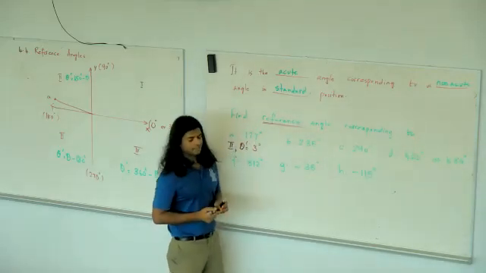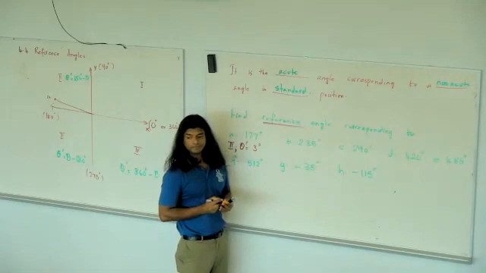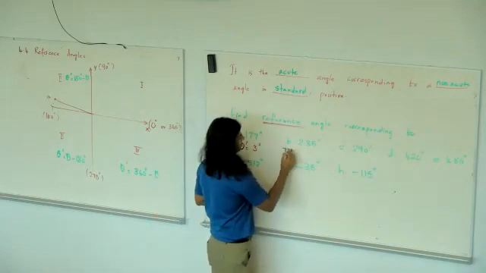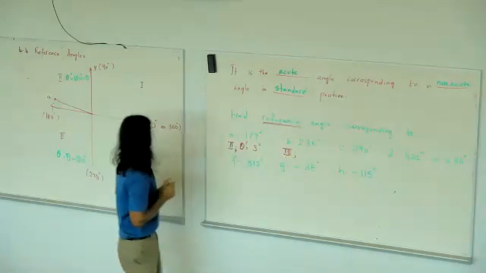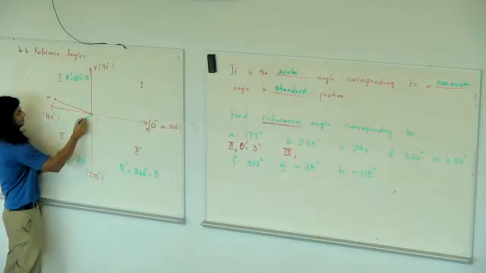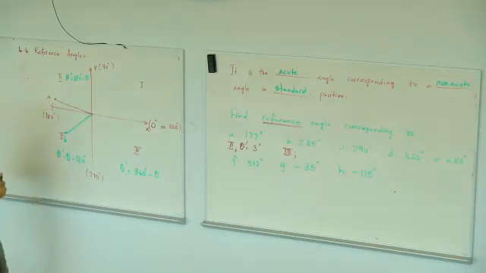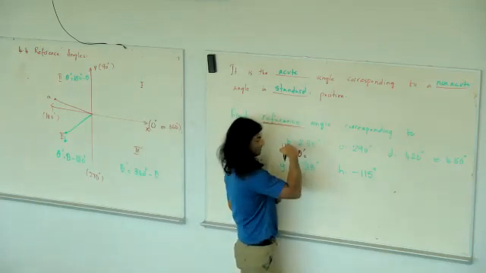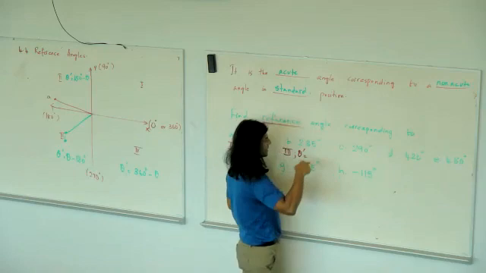Which quadrant does 235 lie in? Somewhere over there. Since it lies in the third quadrant, theta prime is the angle minus 180.